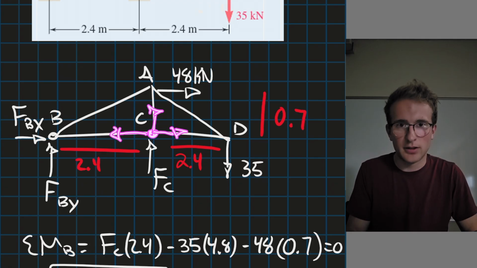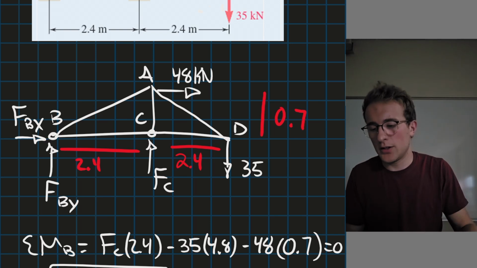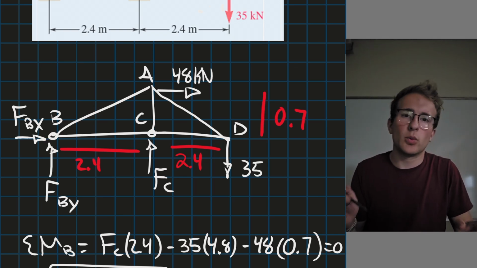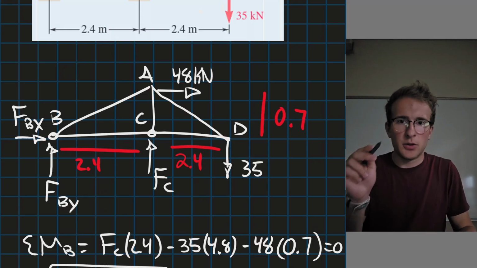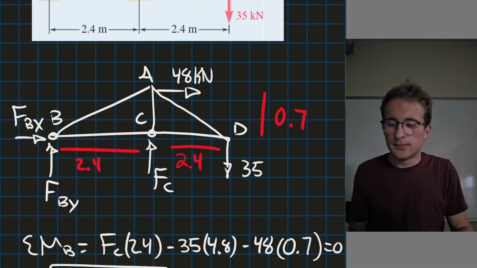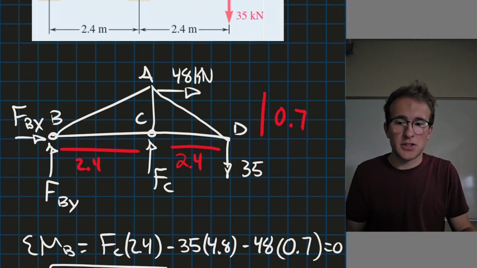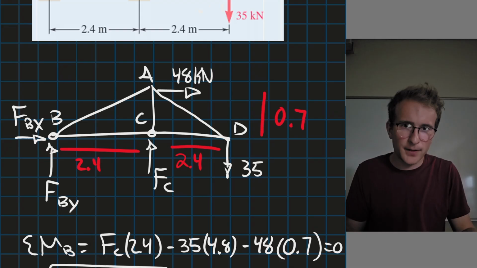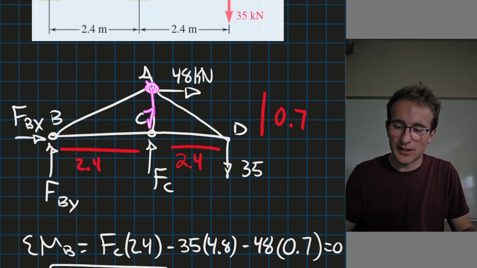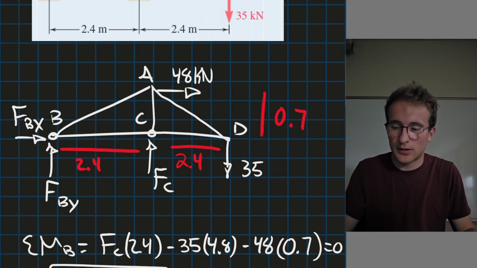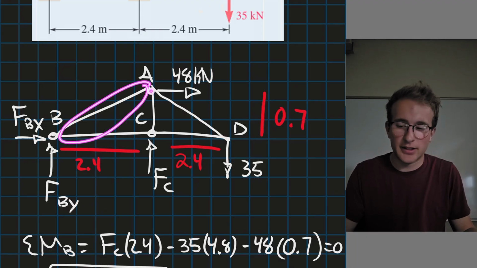This one will be known from what we did at point B. Okay, so you start at a joint where there are only two unknowns, and then you kind of work your way through the truss until you find the tensions and compressions in all the members. Okay, similarly, I would not start at joint A. You can't, because there are three unknown tensions. Okay, you need to find one of those tensions first before you move on to A.